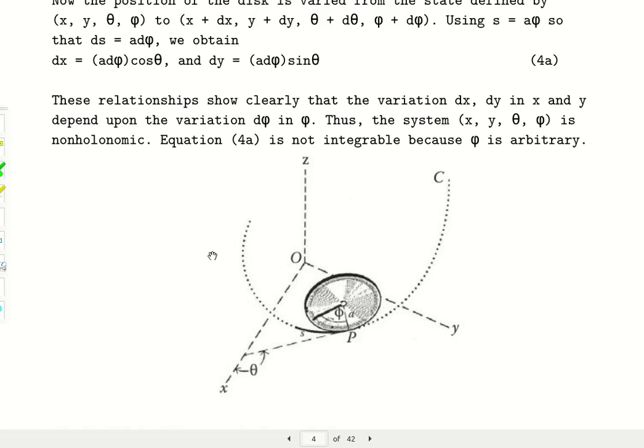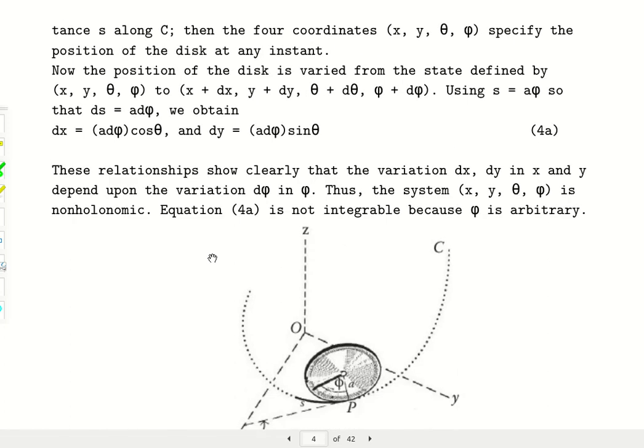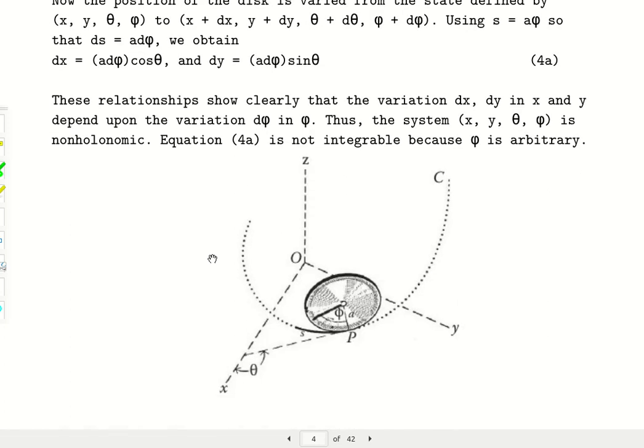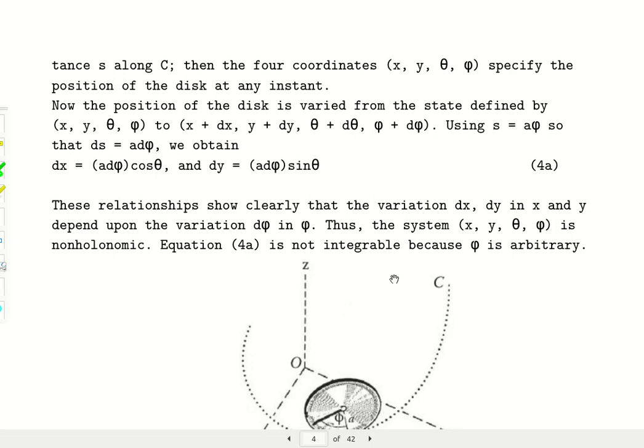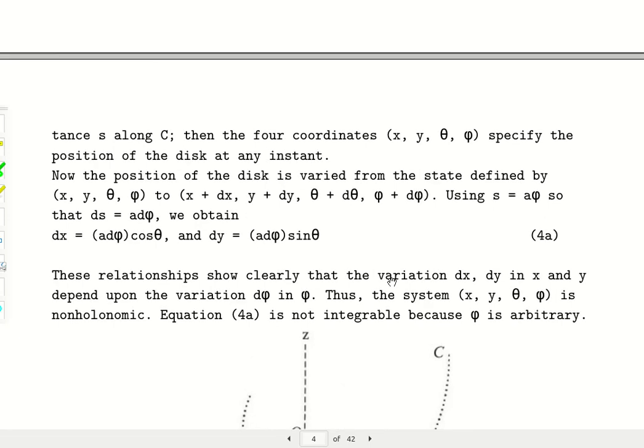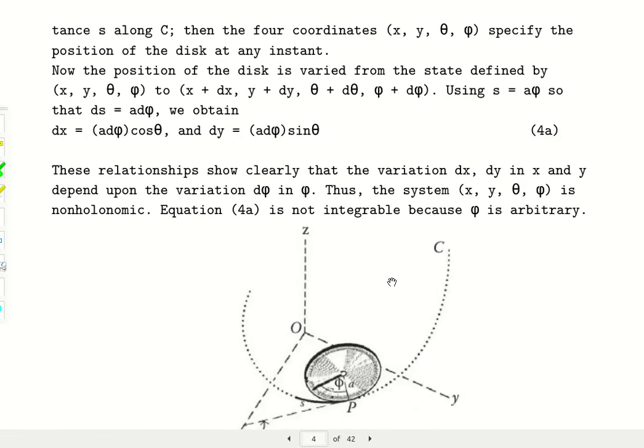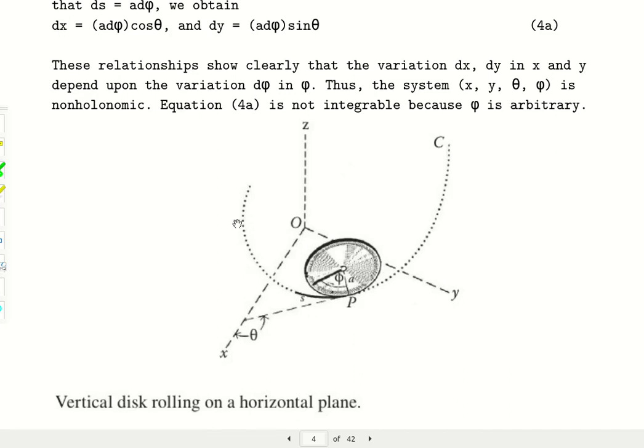So here first you have to think what coordinates you need to describe the motion. The coordinates are x, y, theta and phi, because x, y is the position of the point which is changing.